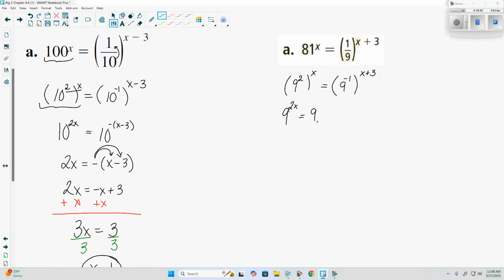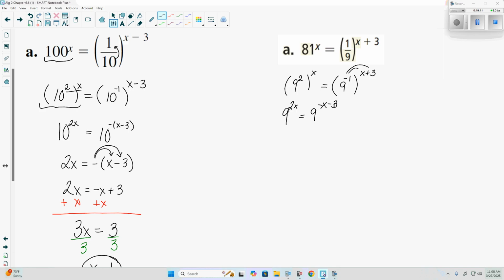Over here, 9 to the negative 1 to the x plus 3. Really, at this point, we could distribute that negative 1 through. Negative 1 times x is negative x. And negative 1 times 3 will give us negative 3.